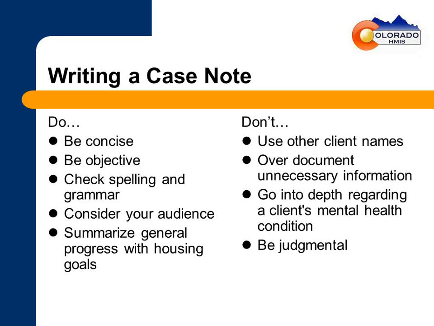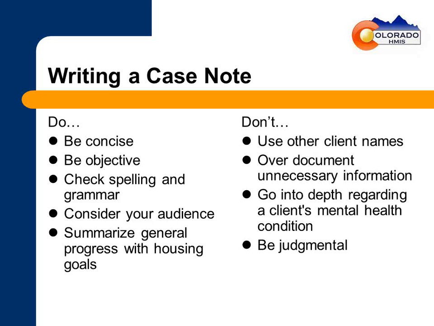And then some more don'ts. Don't use other clients' names or other people's names in the notes. It's really important that we don't violate the privacy and confidentiality of other people in our clients' notes.